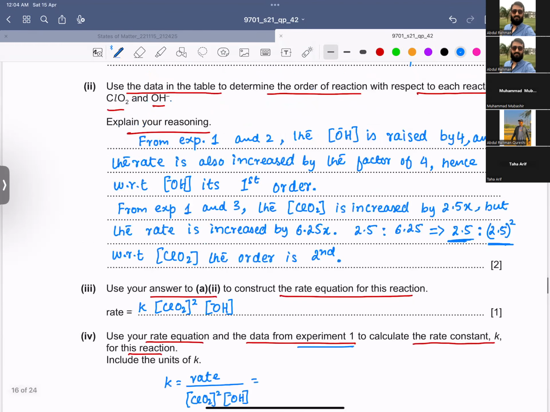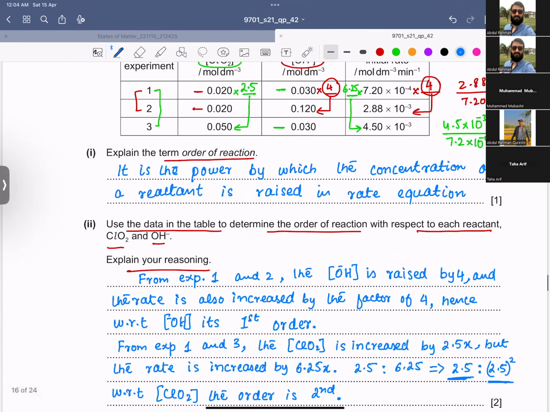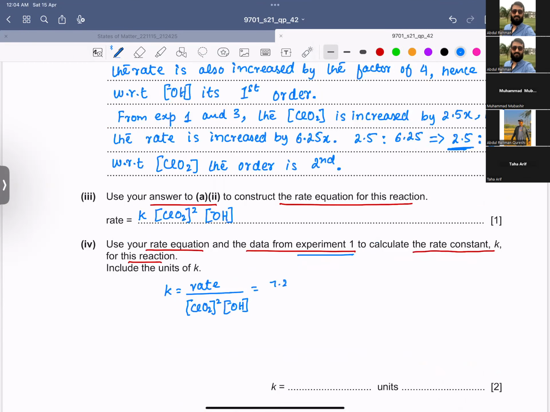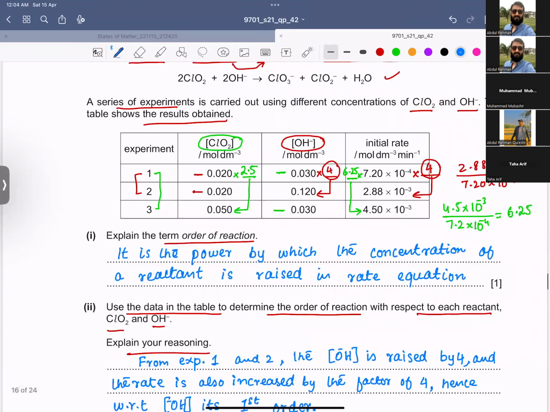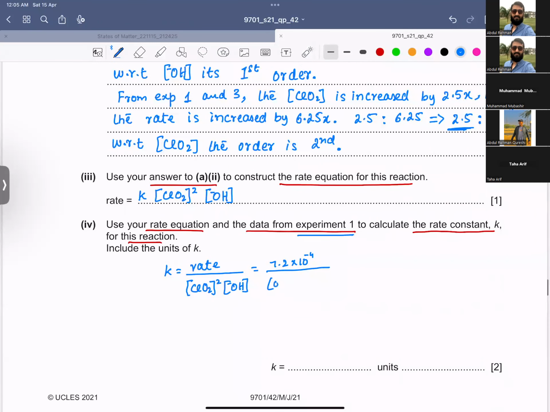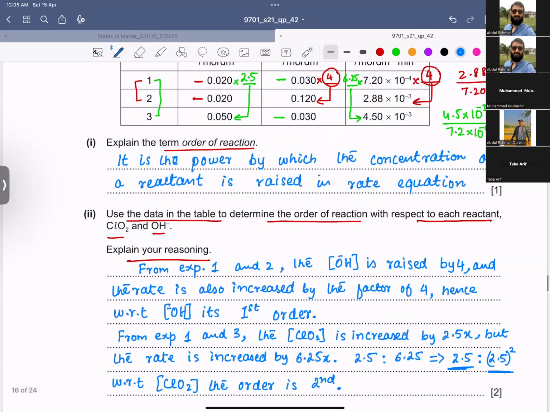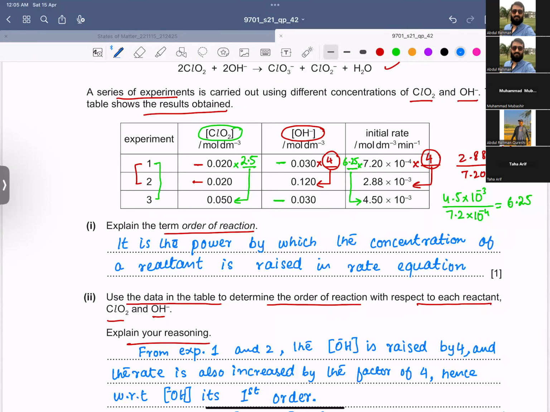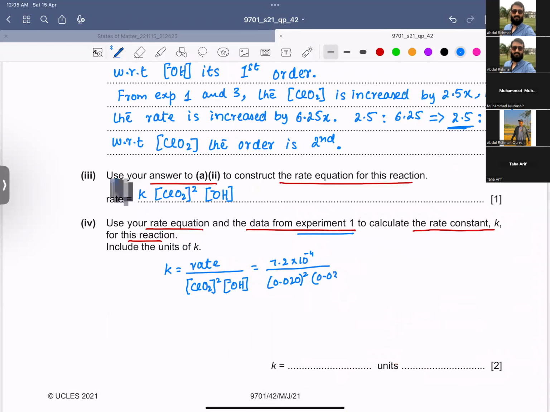In experiment 1, the rate is 7.2 exponent minus 4 divided by 0.020 squared, multiplied by the concentration of hydroxide, 0.030.